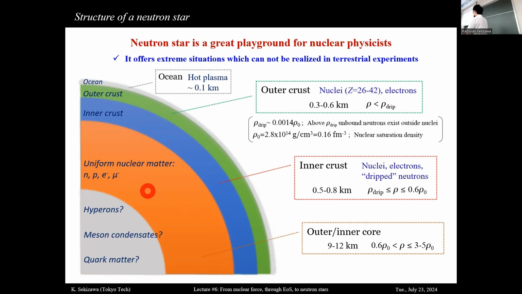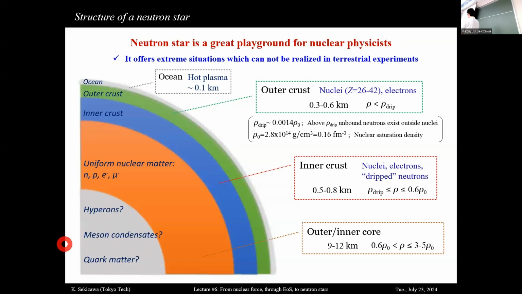Okay. And this outer core is just a uniform nuclear matter, and it is much simpler. And by going further, as I will explain later, we will have more exotic particles like hyperons, which contain strange quarks, or some meson condensate, or formation of quark matter.